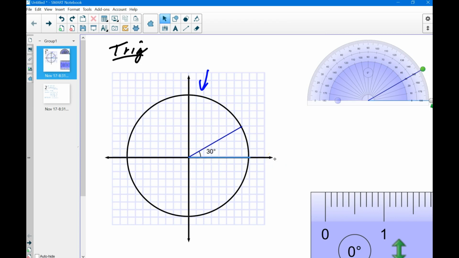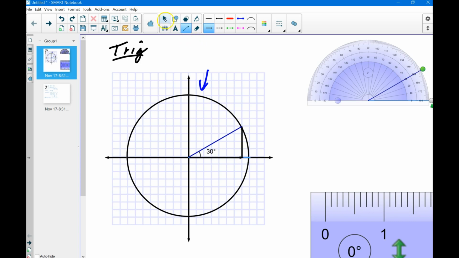Okay, so what I want to do now is draw a couple of lines. I'm going to draw this one from here up to here, and one from here to here.